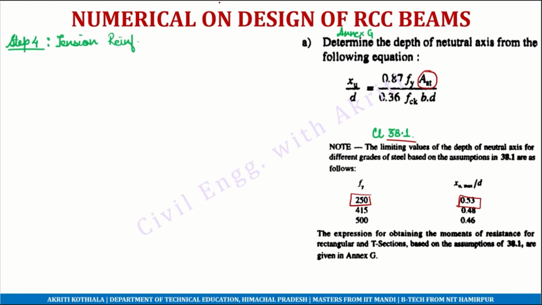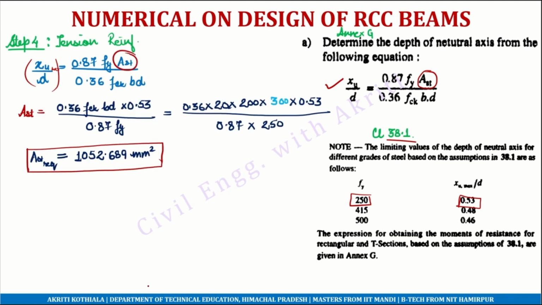Substituting the values in this equation, since we are designing a balanced section, XU by D will be replaced by XU max by D. So calculating AST, we get a value of AST required as 1052.689.